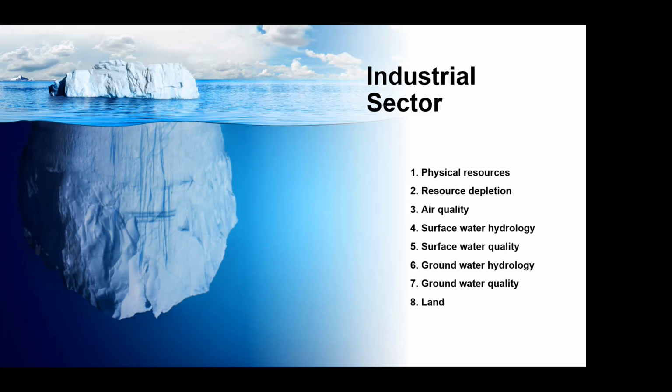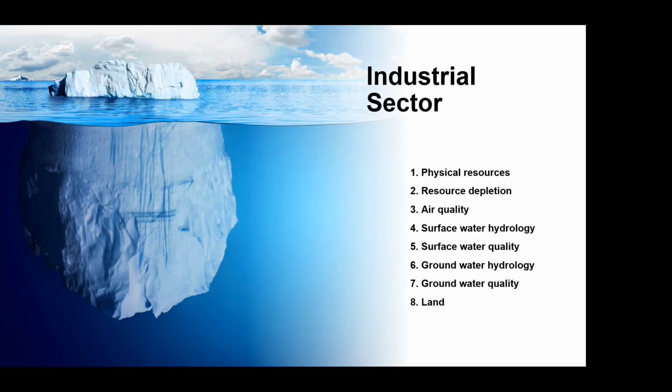You should also consider the surface water hydrology, including the uptake of water in large quantities, especially from urbanization, which could have a greater effect on this environmental component as well. Surface water quality is also very important.